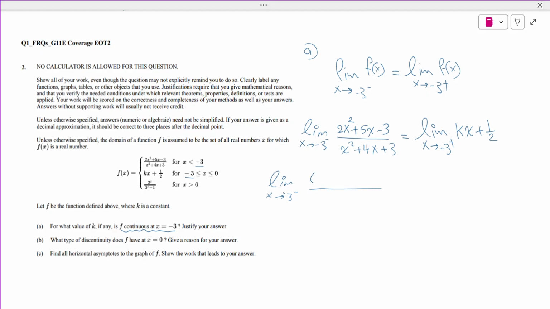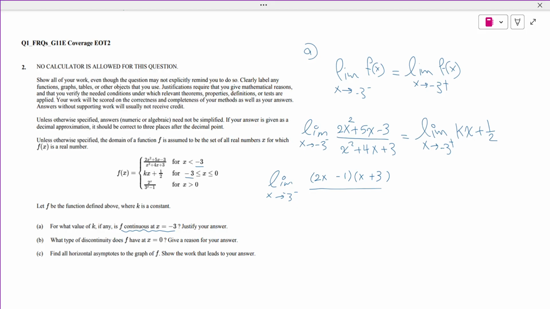There are two brackets here, two factors. The first one will be 2x, the second one will be x. Two numbers with a product of minus 3 and a sum of plus 5. Those numbers would be minus 1 and plus 3.